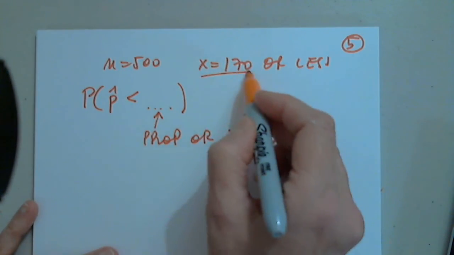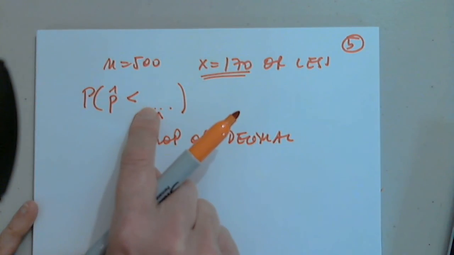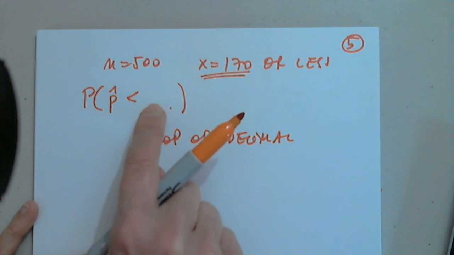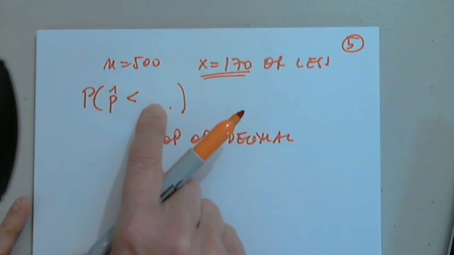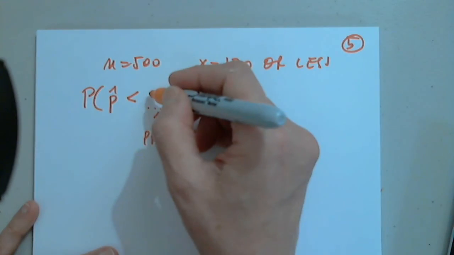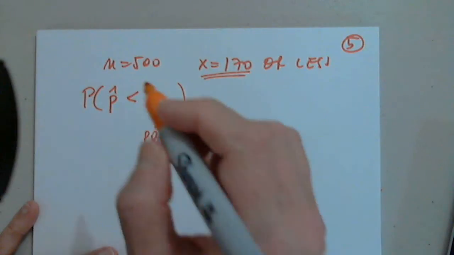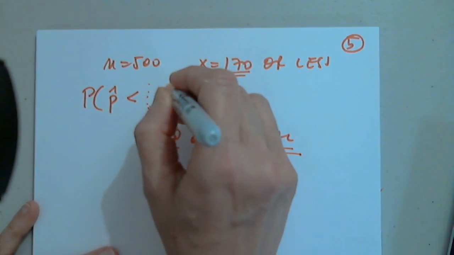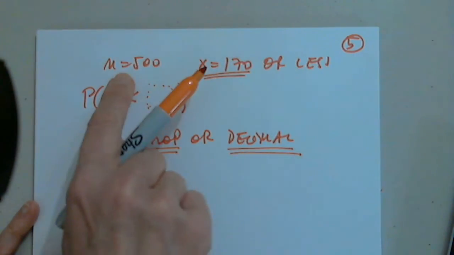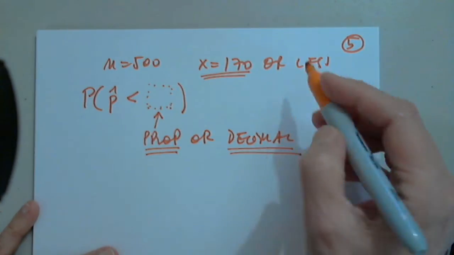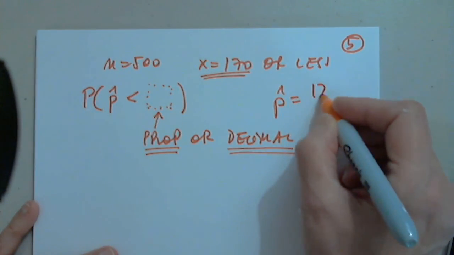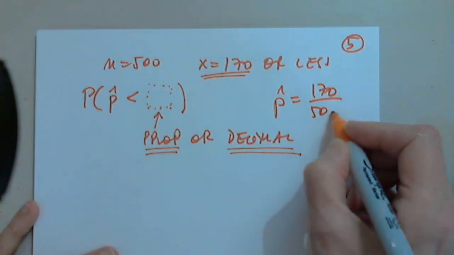Please do not copy something like this in here, because p hat does not have anything to do with a number. Yes, it comes from a number over another number, but you cannot put in 170 in here. This has to be a proportion or a decimal. And how do I determine this? Very simple, x over n. So p hat equals 170 over 500.